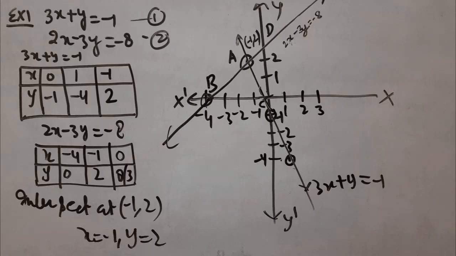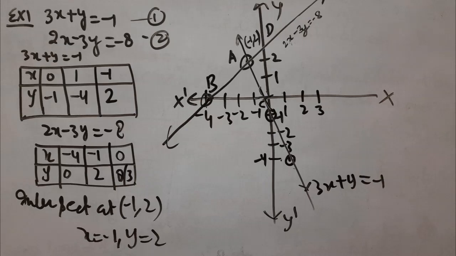We put some values of x, then we will find some values of y. In the first equation, if x is 0, then y is minus 1. If x is 1, y is minus 4. If x is minus 1, y is equal to 2.